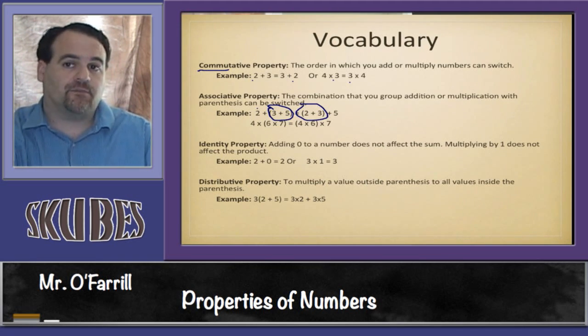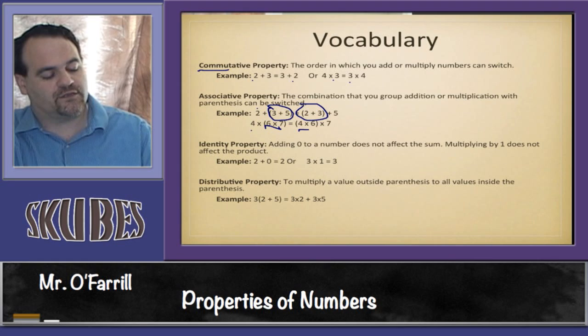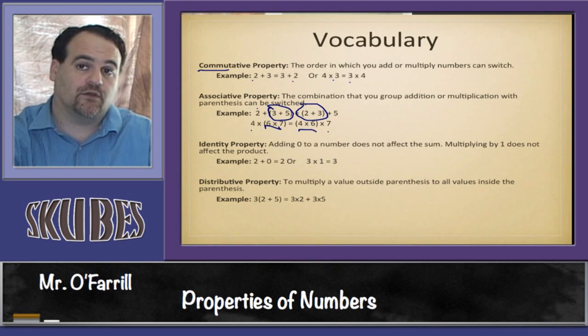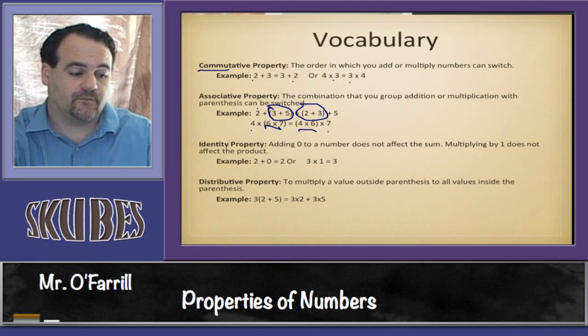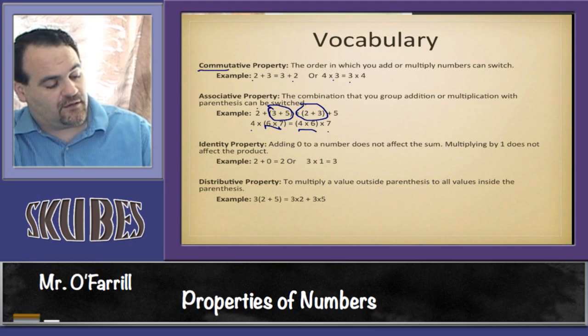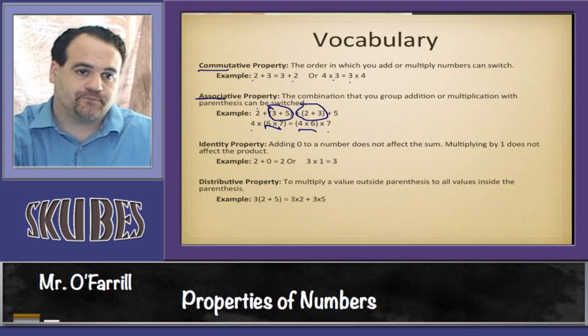And the same thing applies for multiplication. If we do 6 times 7 before we do times 4, or we do 4 times 6 before we do times 7, you're going to get the same result as well. Now, an easy way to remember this one is the beginning of this word, associate.